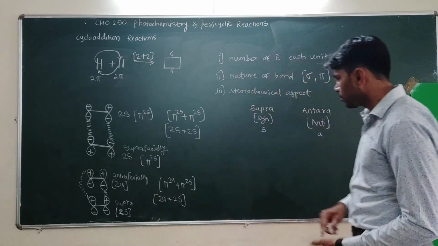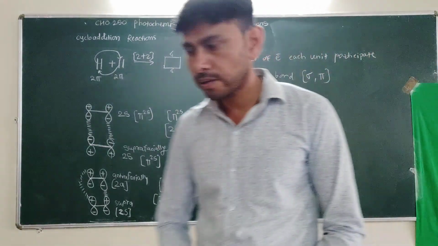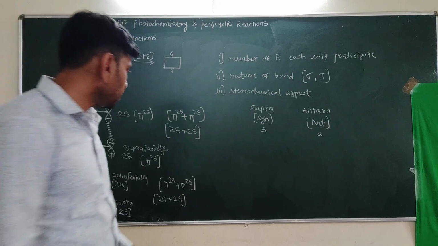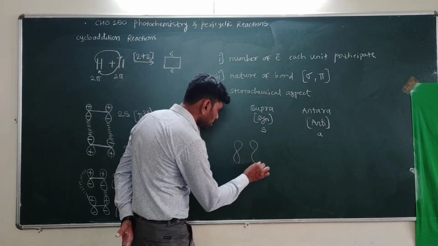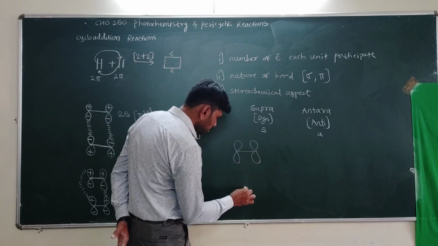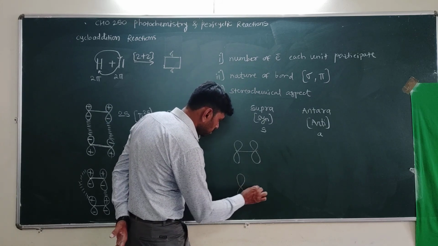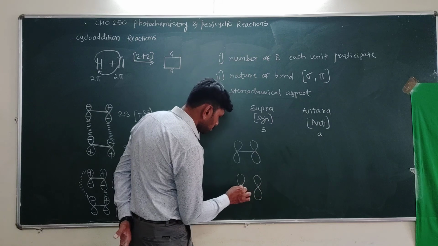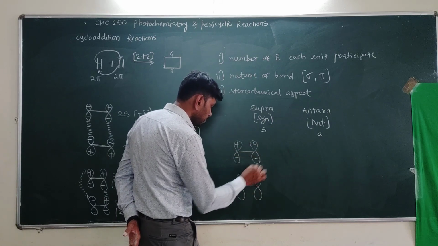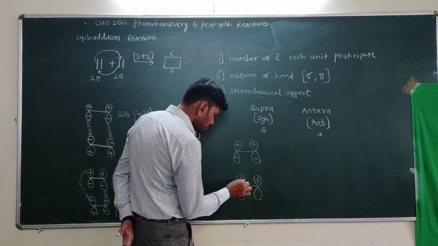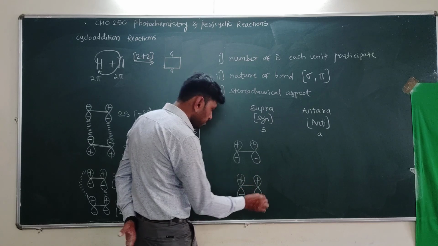So let's see the example of both partners acting antarafacially. If both partners act antarafacially, then you can show plus minus minus minus.